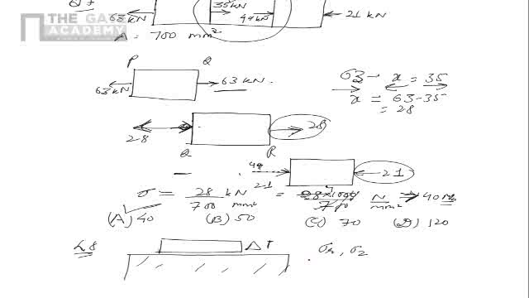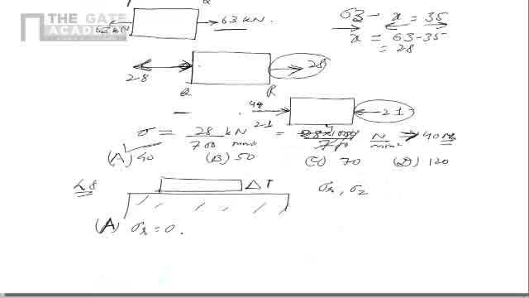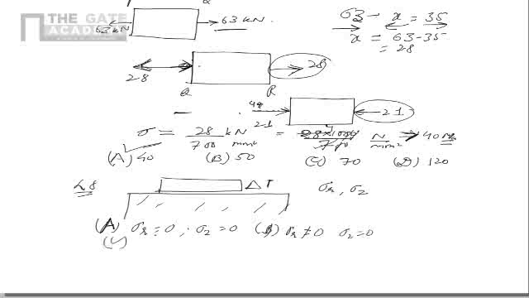So what are the options given to us? Option A is sigma r equal to 0 and sigma z equal to 0. Option B is sigma r not equal to 0 and sigma z equal to 0. Option C is sigma r equal to 0 and sigma z not equal to 0.